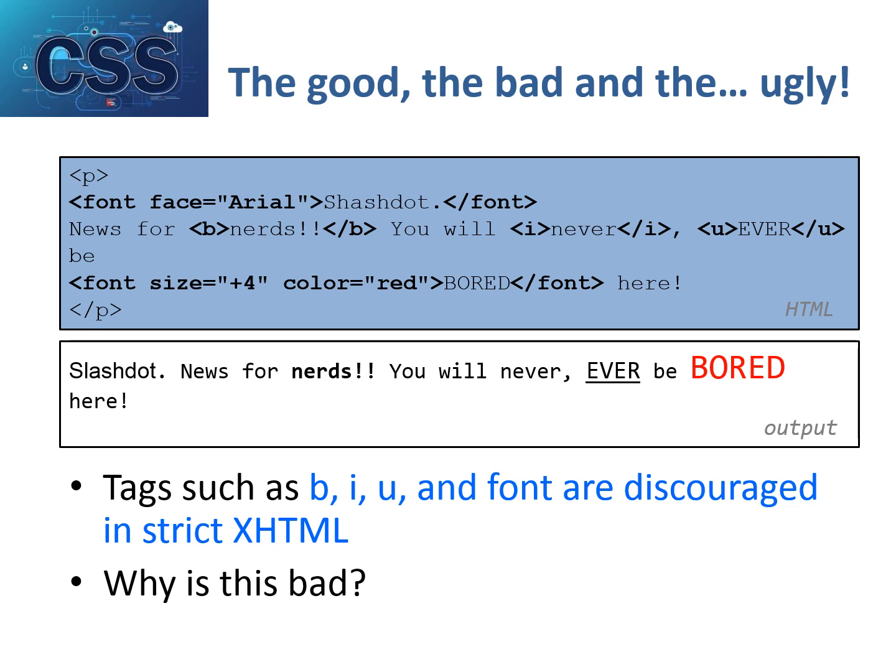XHTML followed stricter standards, and tags like B, I, U and font are discouraged in strict XHTML. So the HTML developers thought about some style-giving functions, and they paved the way for the emergence of CSS.